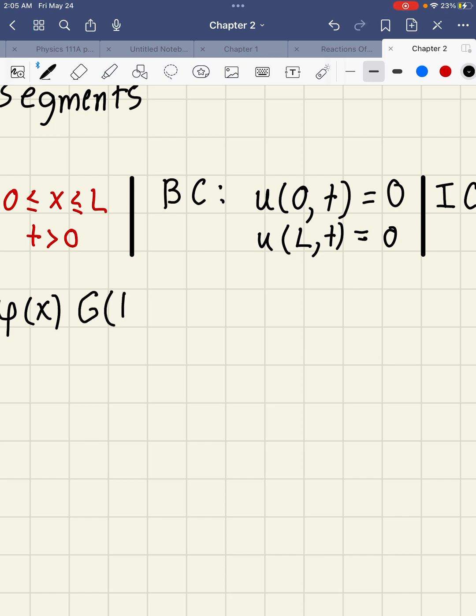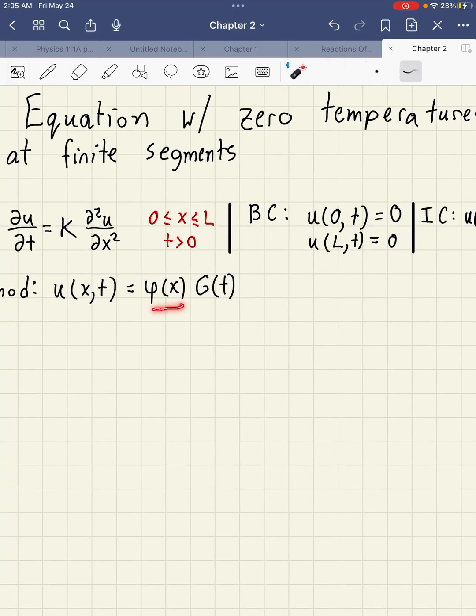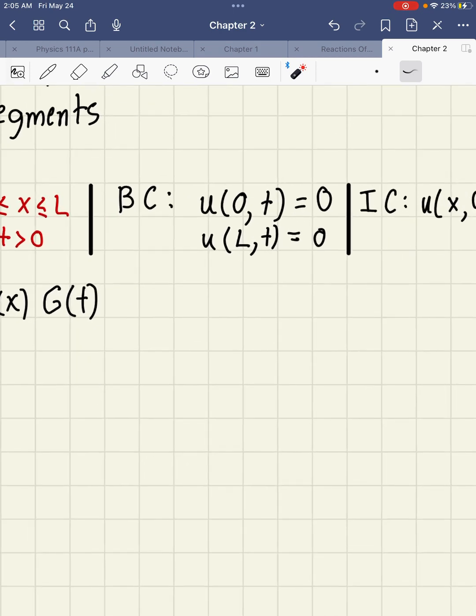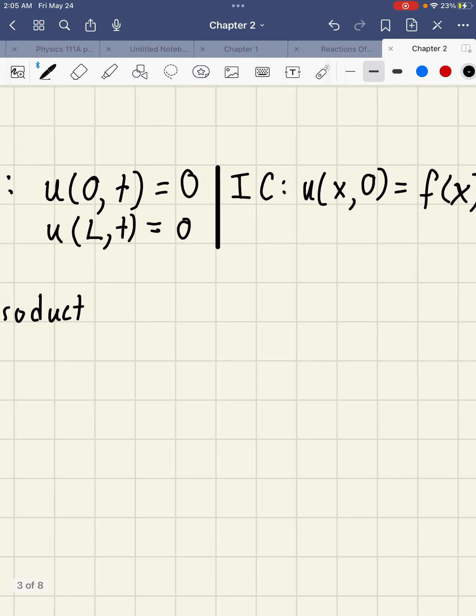One function consists of only x, and the other consists of only time. This is called a product solution.